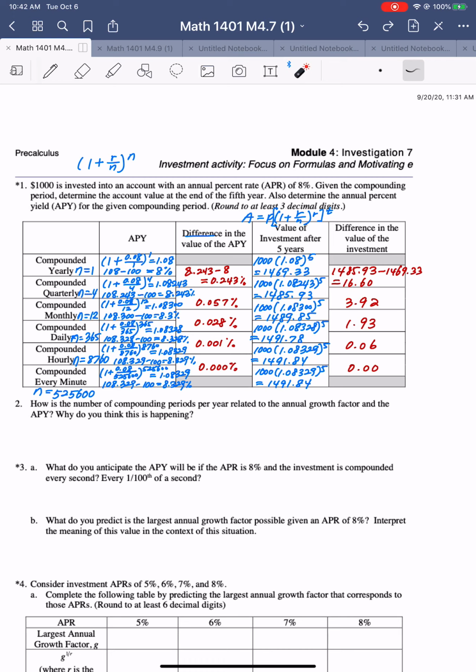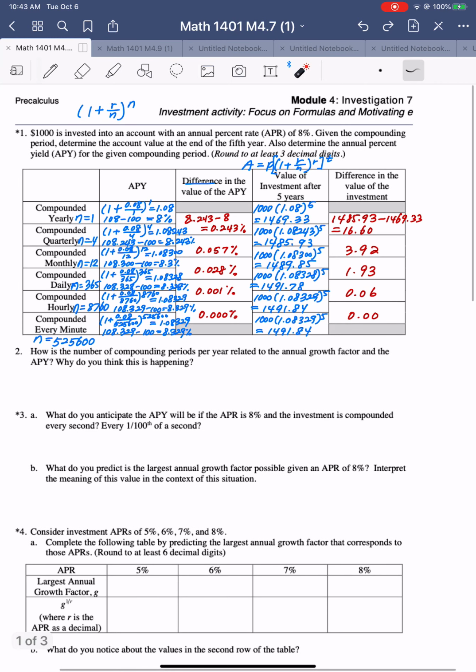So as you notice here, there was 1660. That's the big difference between the yearly and quarterly, and then the monthly and quarterly about 3.92, and after that is only a few cents, right? So once the interest periods are really small, we might want to stop doing it, okay? So that's why we're going to do compound interest continuously.